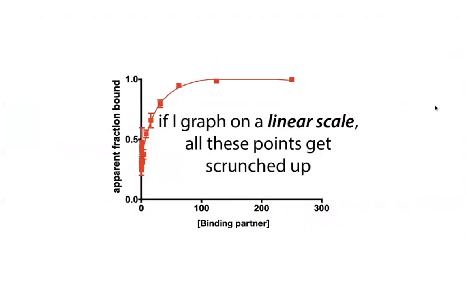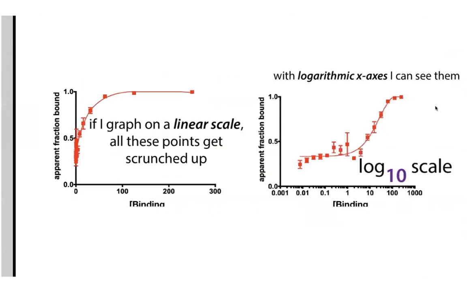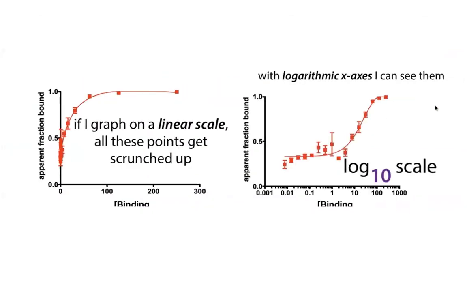So here is some actual data from grad school when I did a ton of binding measurements, and you can see that I have all these points that are clustered down here in the low concentrations, so we can't really see very well. But if I graph them on a log 10 scale, now these are spread out. I'm able to see the different points more on my scale and see that something weird was happening when I was measuring.